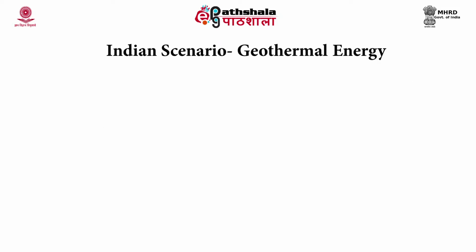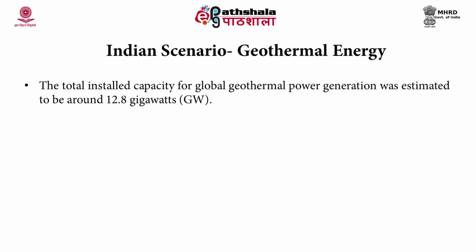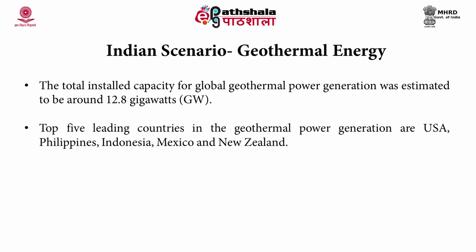If you look at the global scenario of the status of geothermal energy, the total installed capacity for global geothermal power generation was estimated to be around 12.8 gigawatts. The top 5 leading countries in this power generation are USA, Philippines, Indonesia, Mexico and New Zealand.